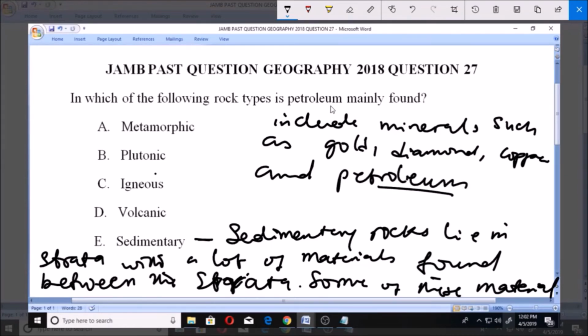So this links this to this, and that makes sedimentary rocks the answer to this problem.